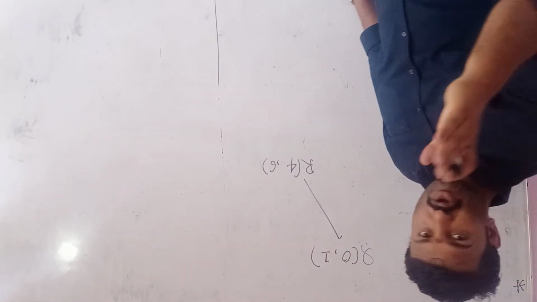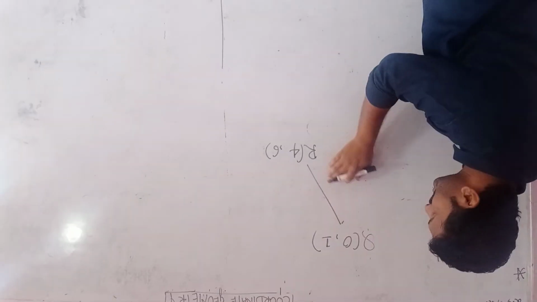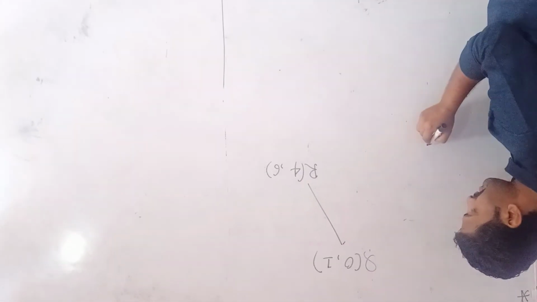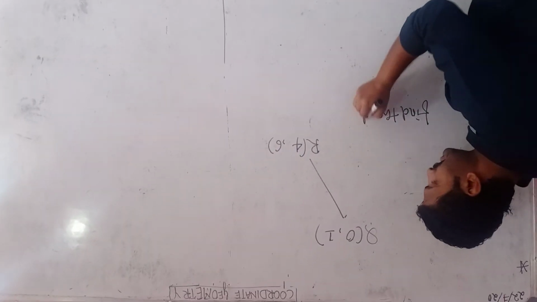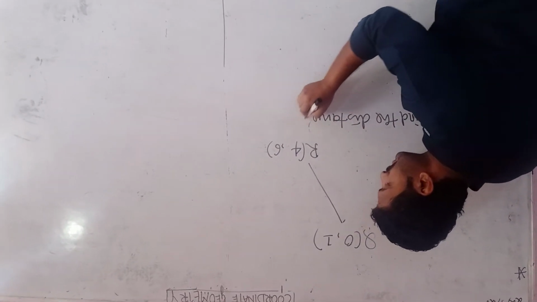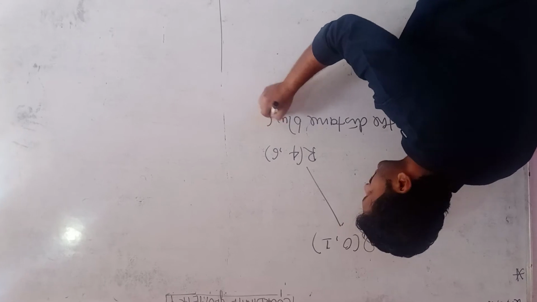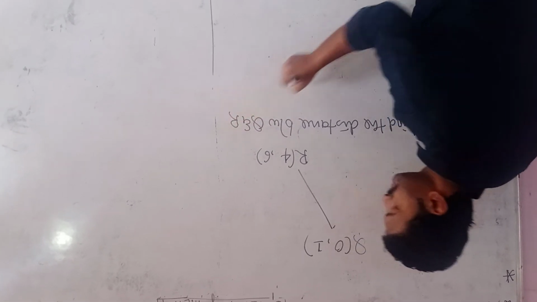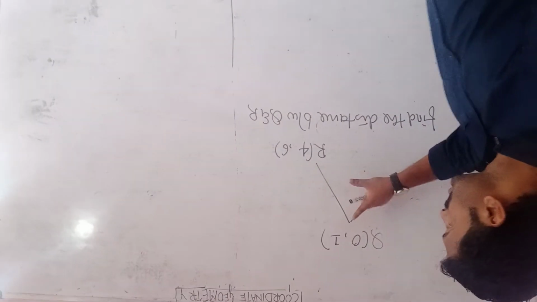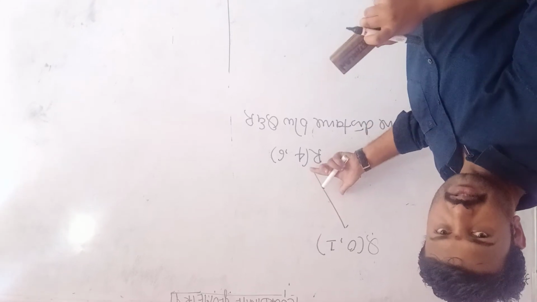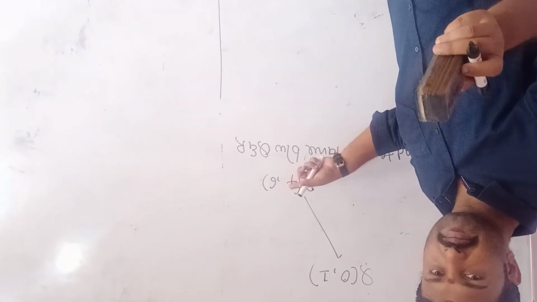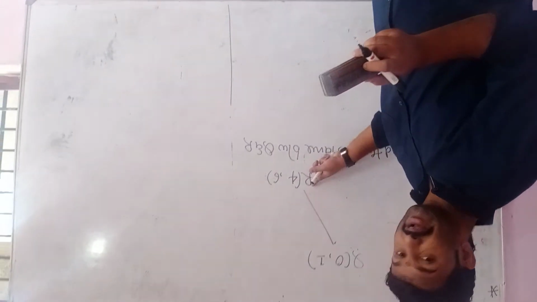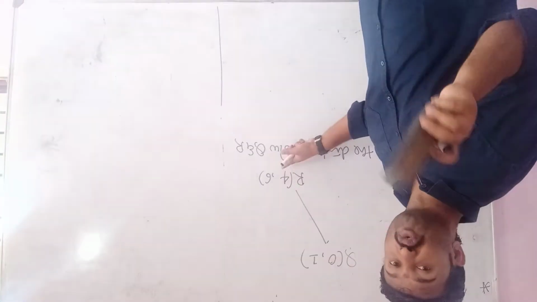Now you find the distance between Q and R. Apply the distance formula for these 2 points and find the distance between Q and R when x equals 4.